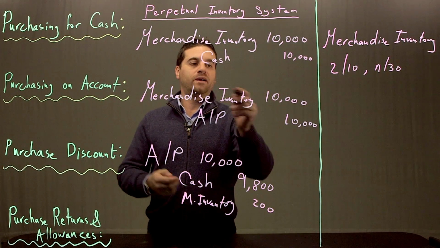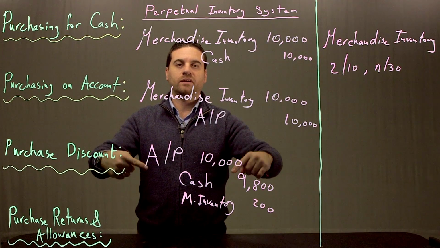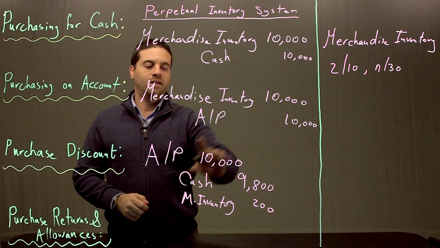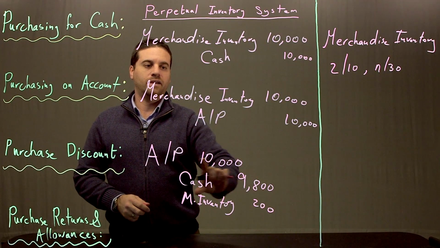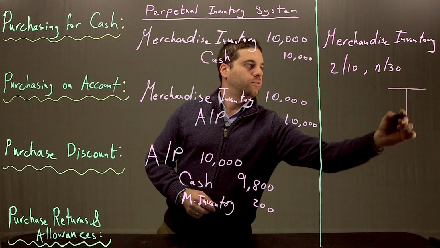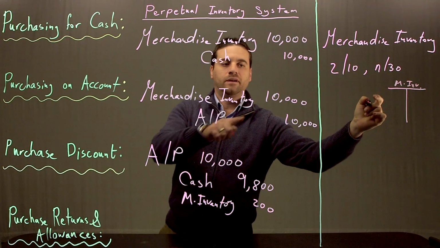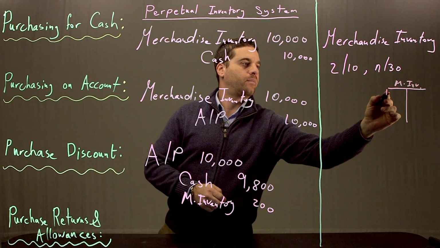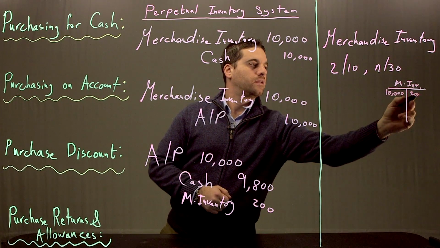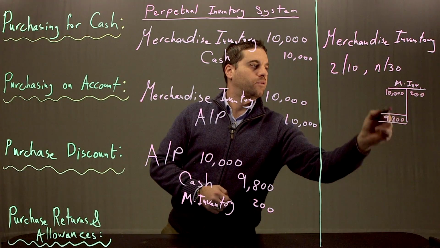So if we go back, those are the two journals that are linked to each other, I would say. That's the day we purchased it, and that's the day we paid for it, okay? So the T account for merchandise inventory used to be $10,000 debit, and now that I'm crediting $200, that makes my ending balance $9,800 for the merchandise inventory.